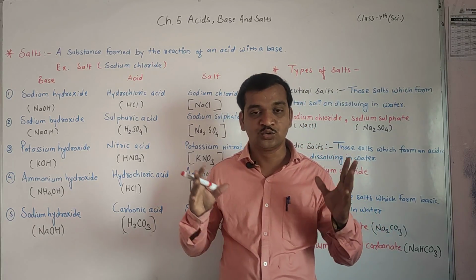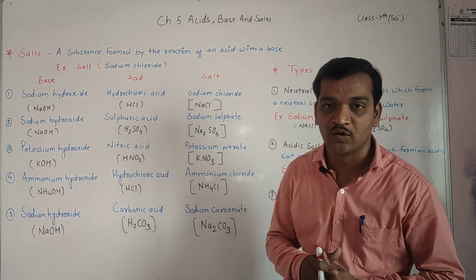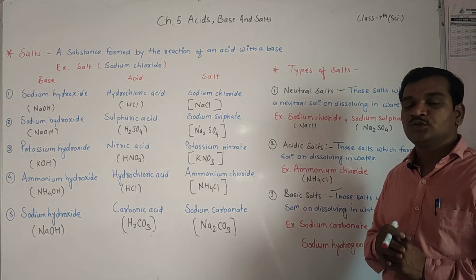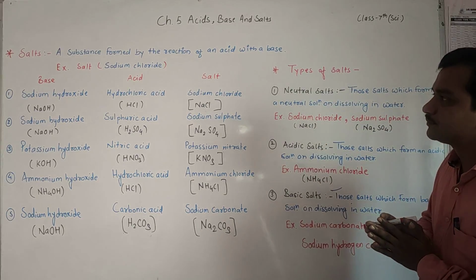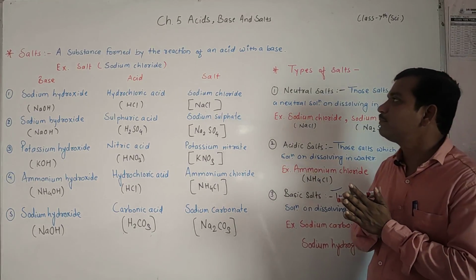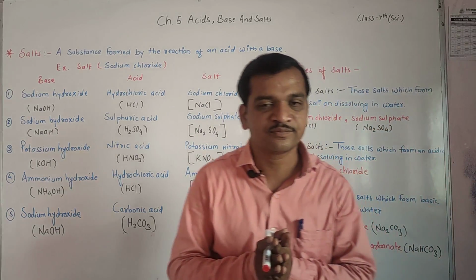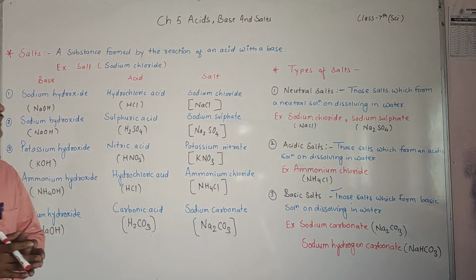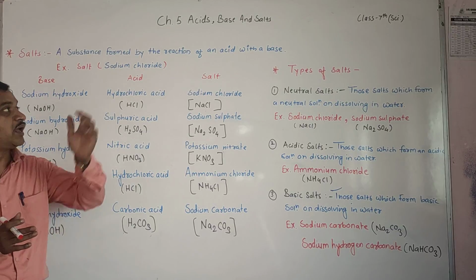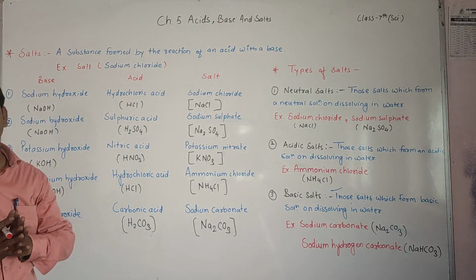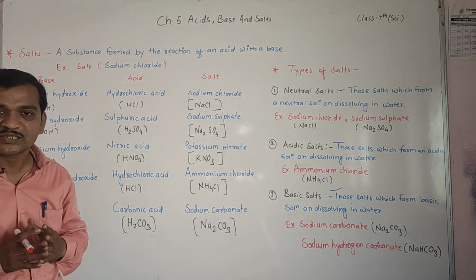But how do we define salts? The definition is very simple, students. A substance formed by the reaction of an acid with a base. Means the reaction is there, students.